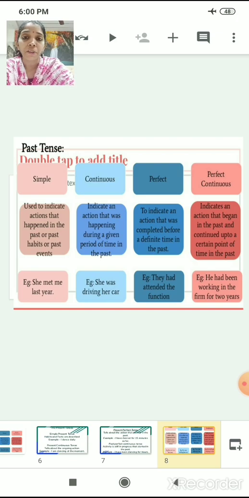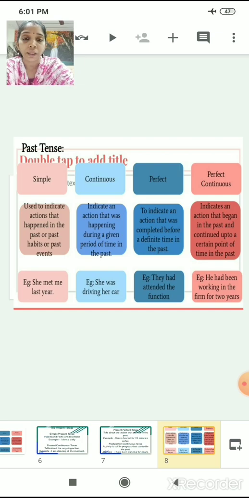Past perfect tense indicates an action that was completed before a definite time in the past. Before a definite, fixed time in the past. For example, they had attended the function.